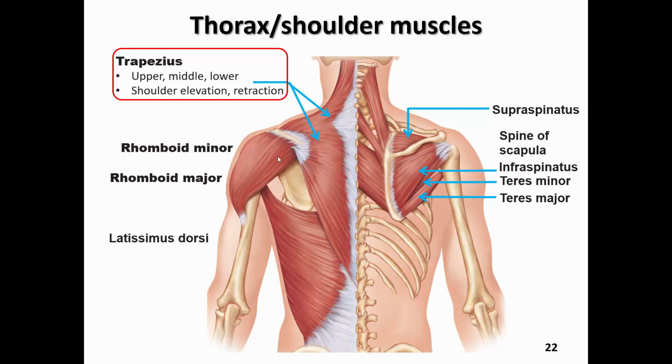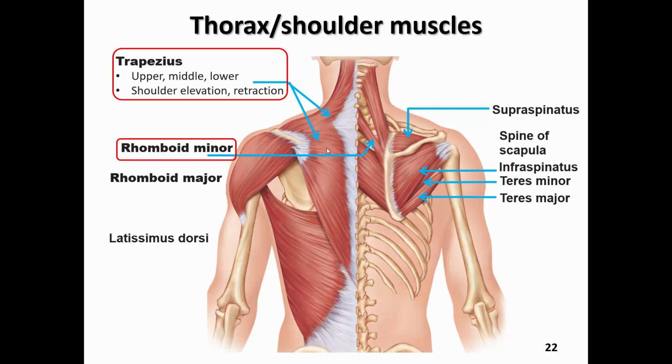When this muscle contracts, it will pull the insertion towards the origin along the spine and will elevate the shoulder, moving it in a superior direction, and it will retract the shoulder, which is to pull the shoulder in a posterior direction.